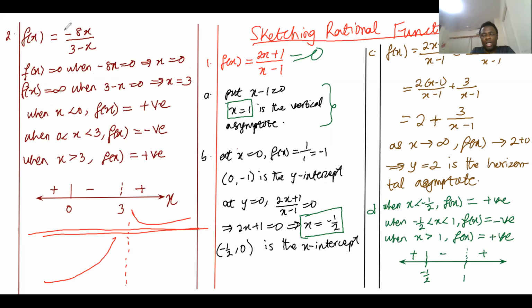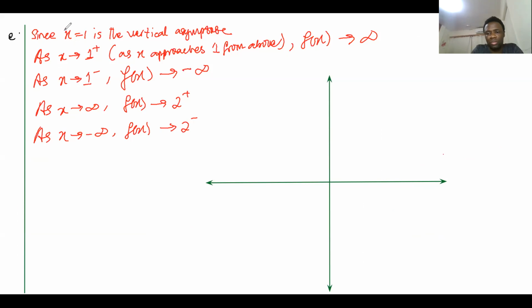You have your vertical asymptote, x is equal to 1. So I'm going to say x is equal to 1 here. Then I draw a straight line, which is going to be dotted lines actually. It's not going to be a straight line, unfortunately.